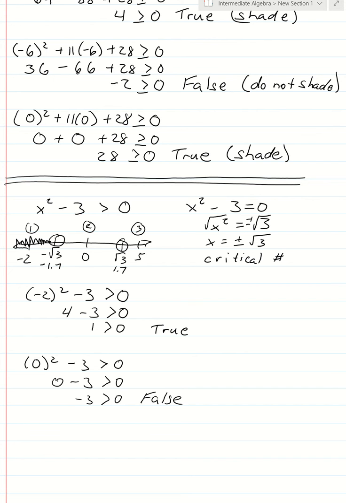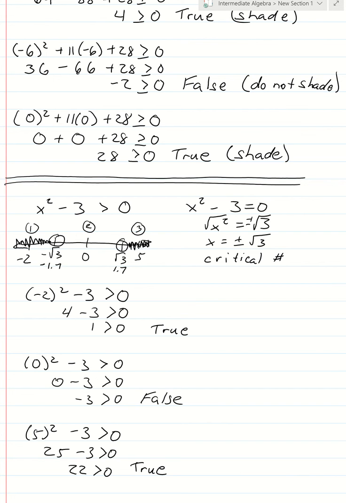Finally, now let's test out region 3. We chose the number 5. 5 squared minus 3, is that greater than 0? Well, 5 squared is 25 minus 3. 25 minus 3 is 22. And is 22 greater than 0? I believe so. And since that produced a true statement, we would have to shade region 3.